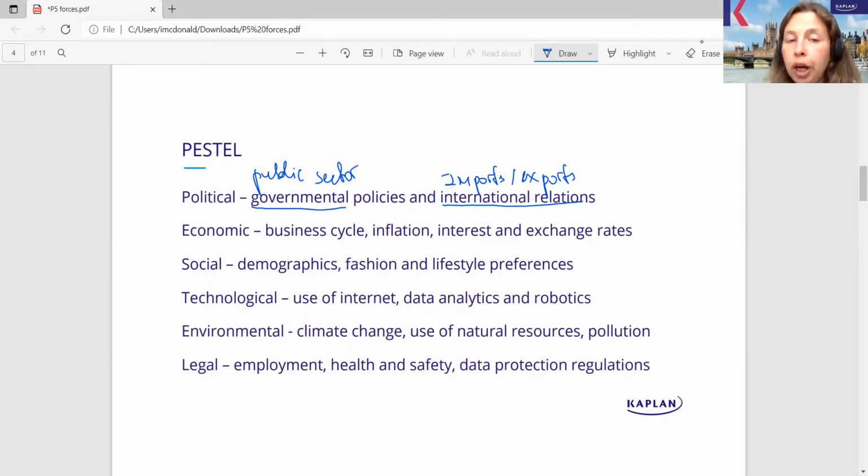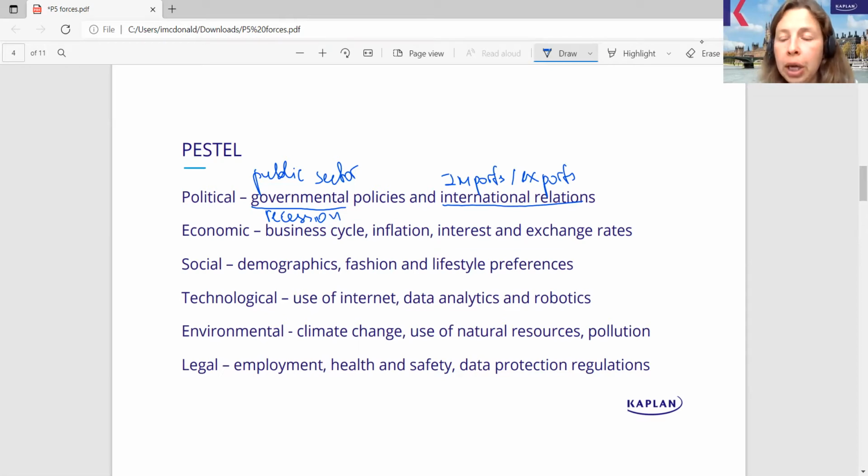Moving on to economic factors, we need to understand what is happening in the business cycle, what's happening in the economy as a whole. And currently, the word on everybody's lips is recession. Wherever you are in the world, you might have heard that your economy might be in recession as a result of COVID, for example.